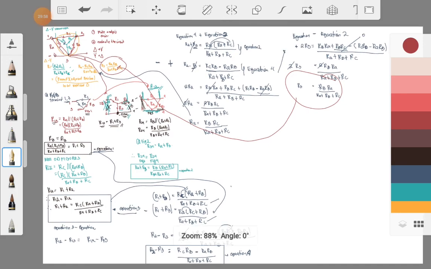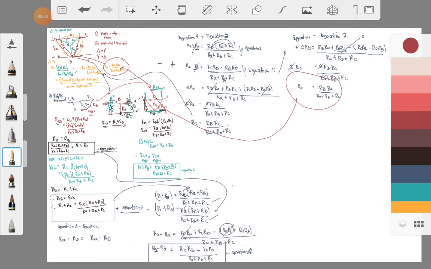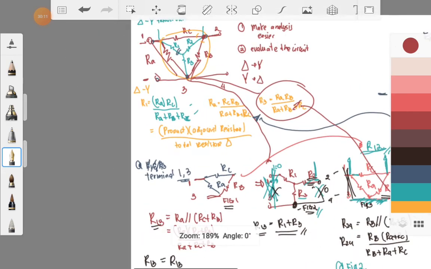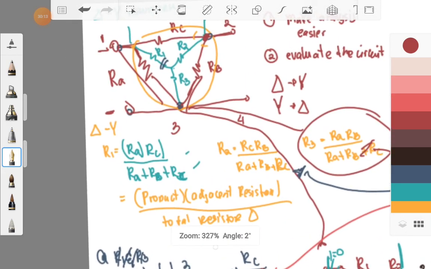So, paano din natin gagawin yung R1? Okay, that would be your assignment. So, if you will get the R1, the R1 should be equal to this equation.